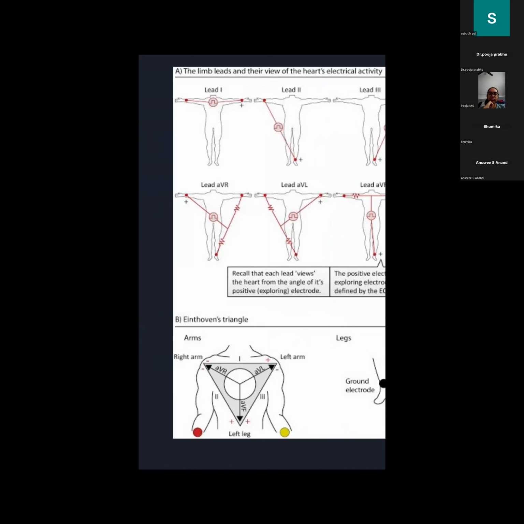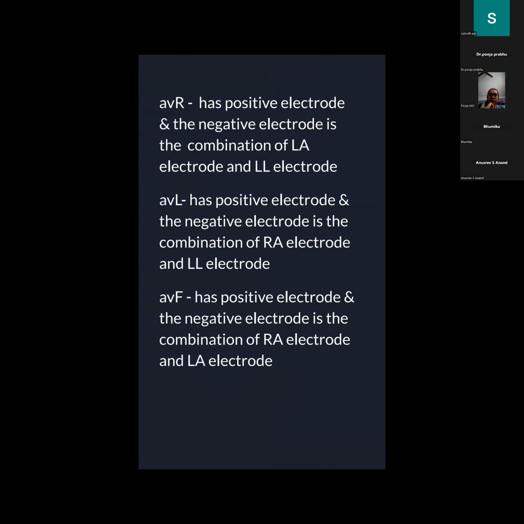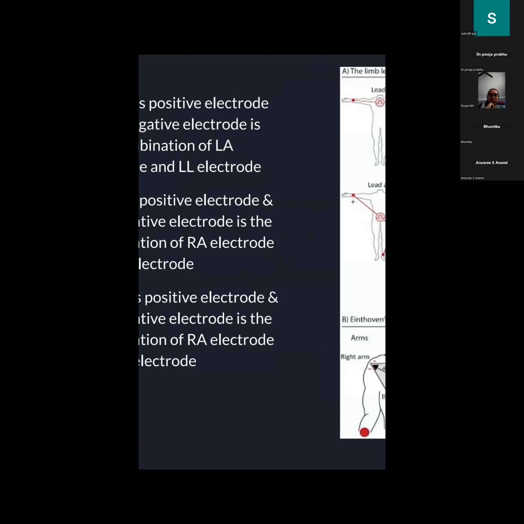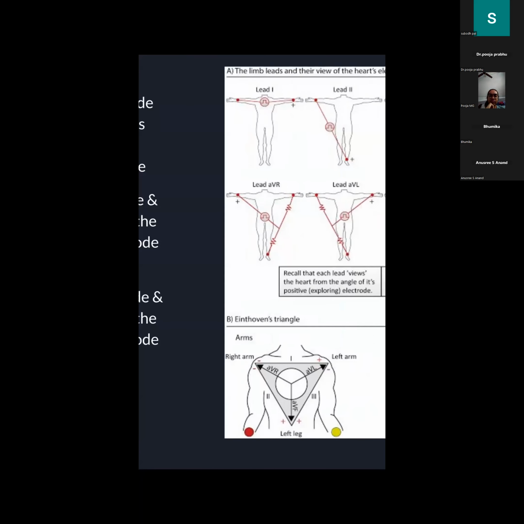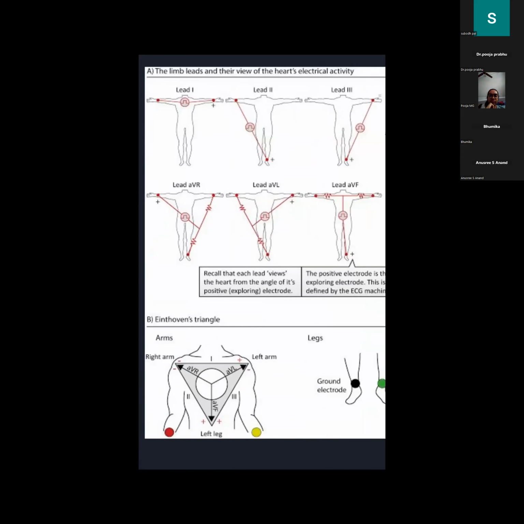And if AVF has the positive electrode, then the negative electrode will be the mean potential difference between right arm and left arm. I hope it is clear in the diagram, okay?